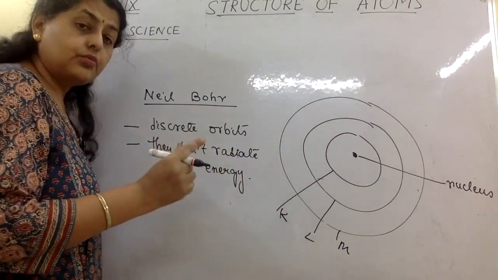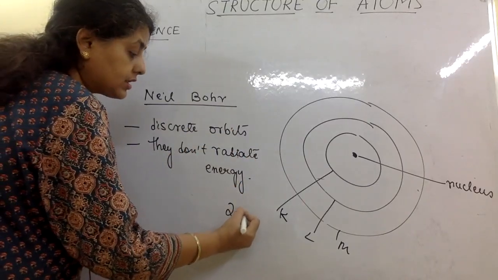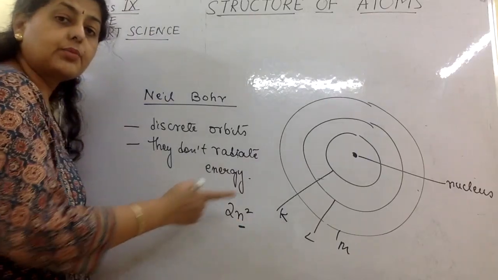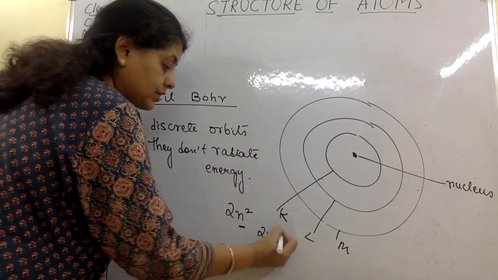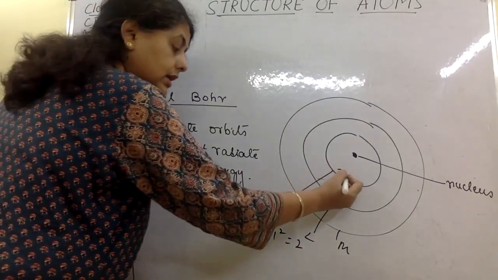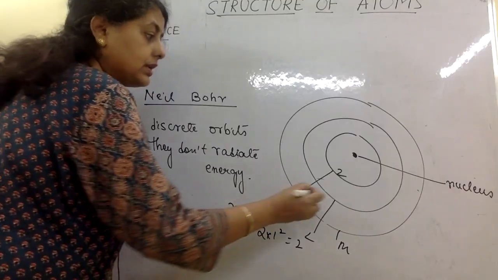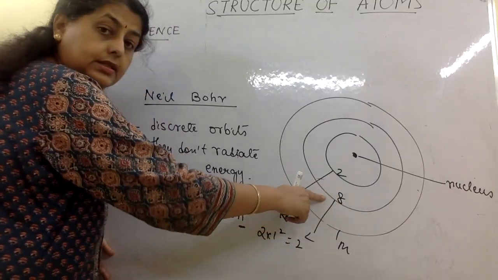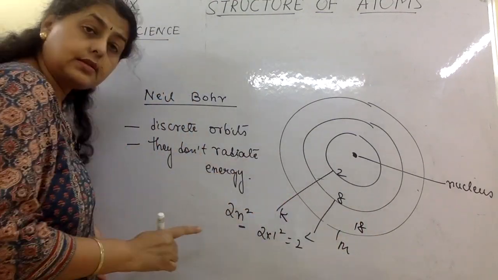The formula which dictates the maximum number of electrons in a shell is 2n square, where n is the number of the orbit. In the first shell, 2 into 1 square, which is 2 electrons maximum. In the second shell, 2 into 2 square, that is 8 maximum, and 2 into 3 square, 18 can be there in the third shell.